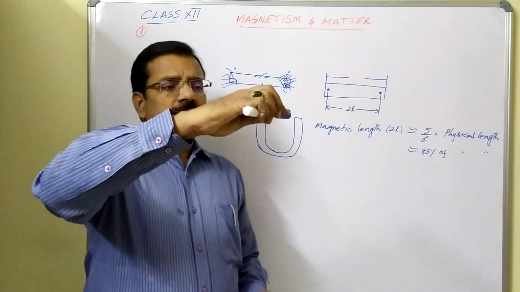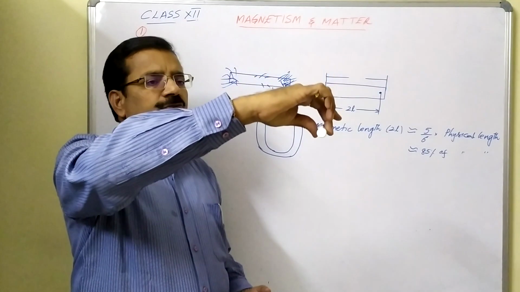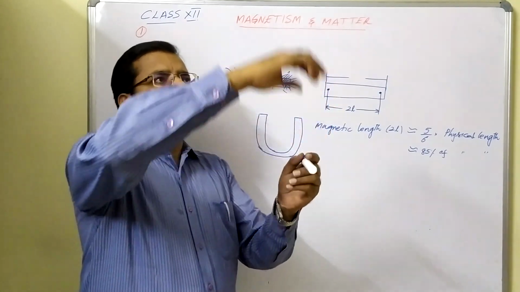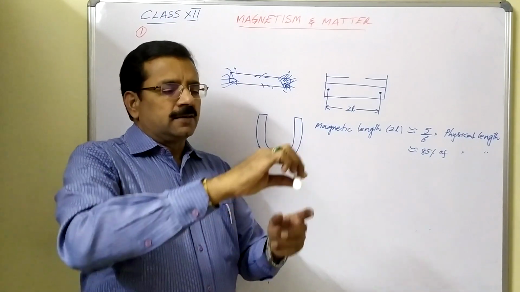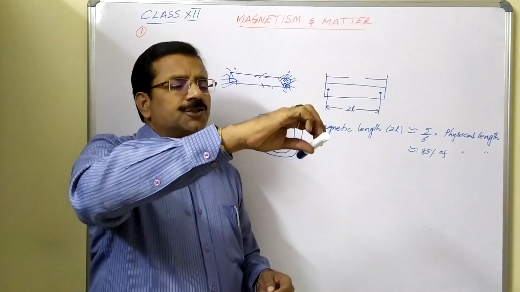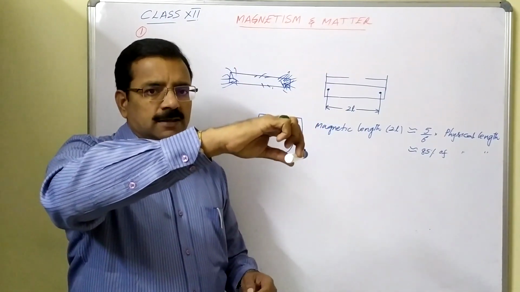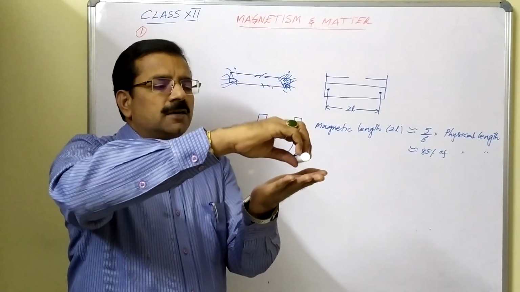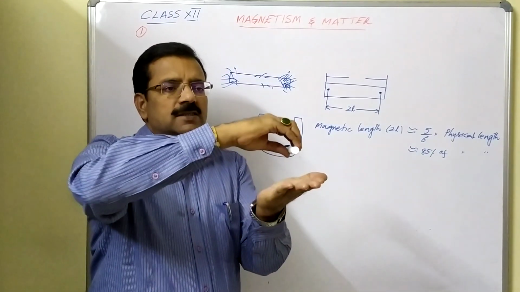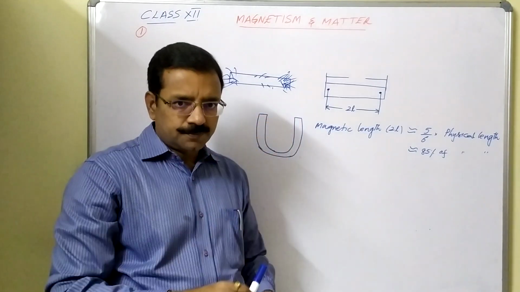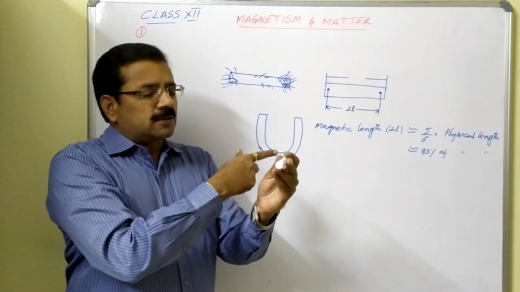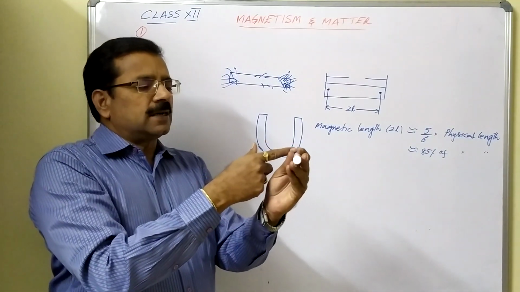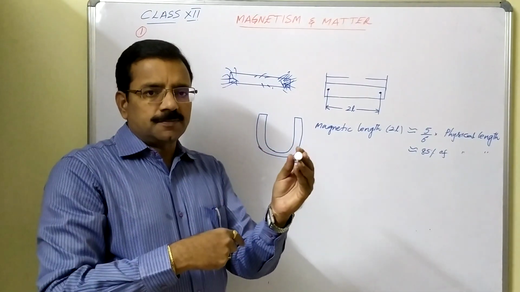Take a bar magnet and suspend it freely by means of a torsionless string. Then, whatever may be the initial orientation of this magnet, it finally comes to rest along Earth's north-south direction. The end which points to Earth's north is taken as the north pole of the magnet.